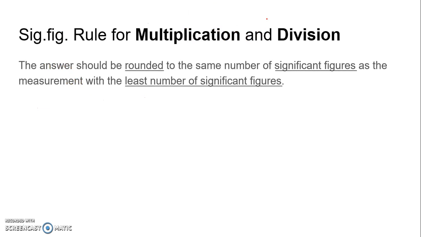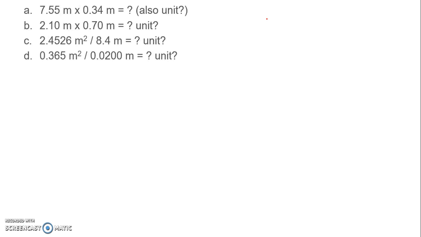Next, the significant figure rule for multiplication and division is different from addition and subtraction in a way that we would round the answer to the same number of significant figures as the measurement with the least number of significant figures. So with multiplication and division, we concern ourselves with the significant figures.